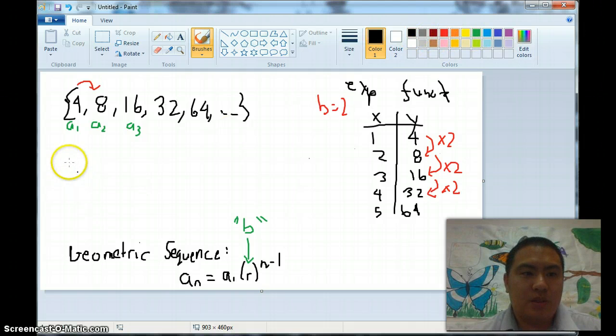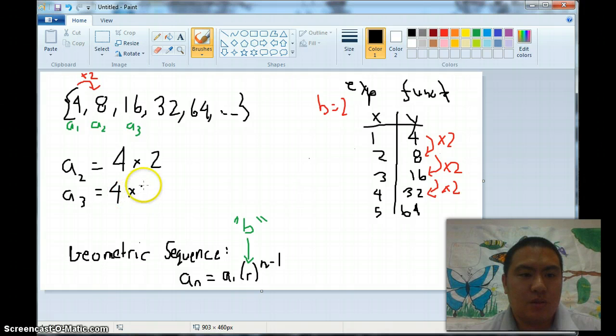Well, a sub 2 is equal to 4 times 2. A sub 3 is equal to 4 times 2 times 2, right, because it had to multiply twice to get to 16.